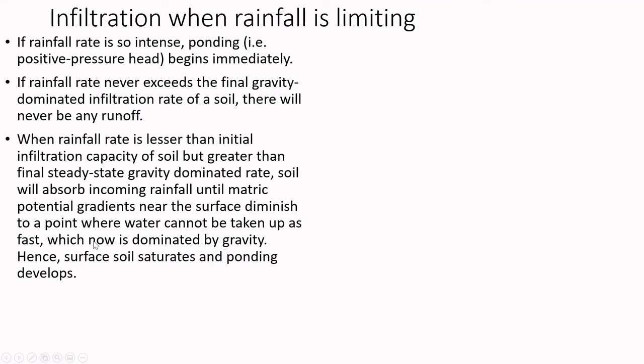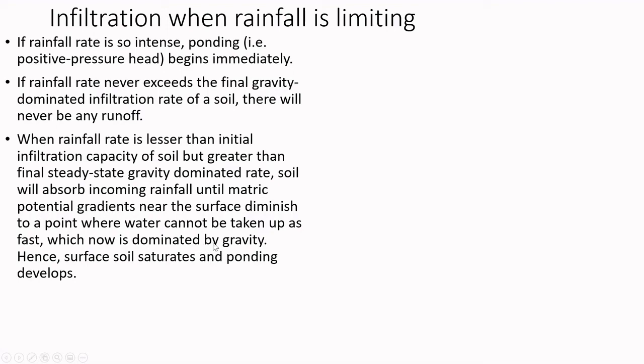As you know, water infiltration into the soil is governed by two mechanisms. One mechanism is the metric gradient, right? And the other mechanism is the gravity dominated mechanism. When rainfall hits the soil, the metric potential gradient mechanism will absorb water into the soil.